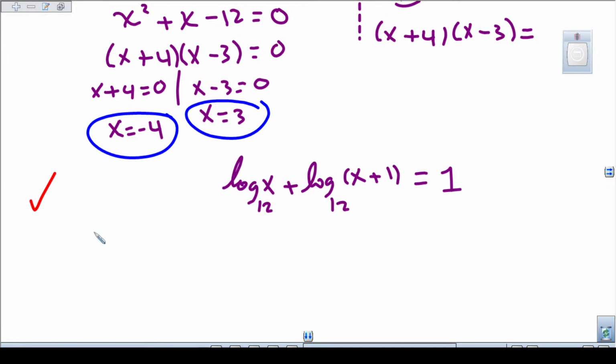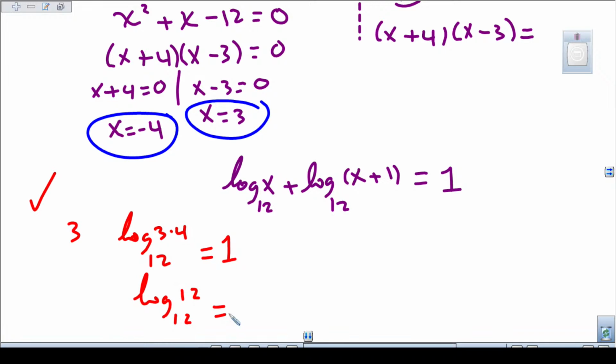If I check the 3, it's going to be log base 12 of 3 times 3 plus 1, which is 4. Does that equal 1? Well, log base 12 of 12. Does that equal 1? Oh yeah, big time. Yes, it does. So 3 would work.